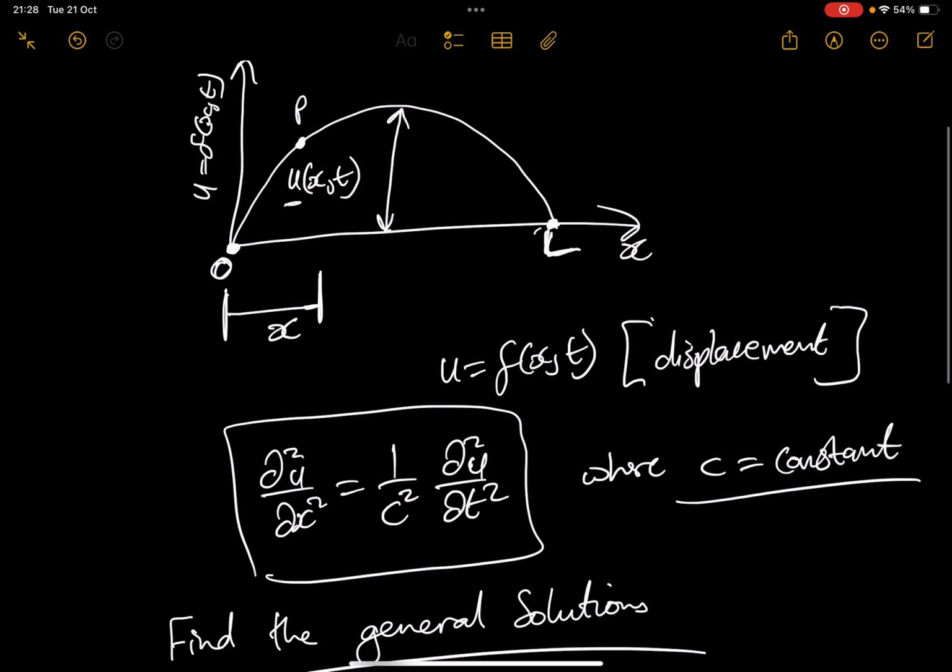So now let's rewrite this. We can rewrite this as X double prime minus mu X equals 0. And then also this side, since we multiply, we are going to have T double prime minus c squared mu T equals 0.